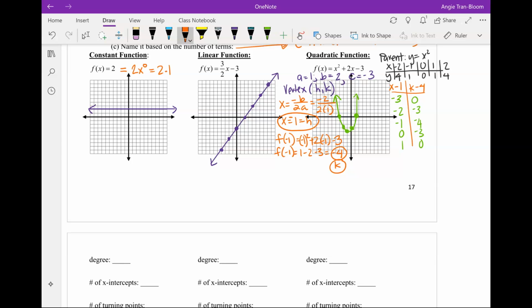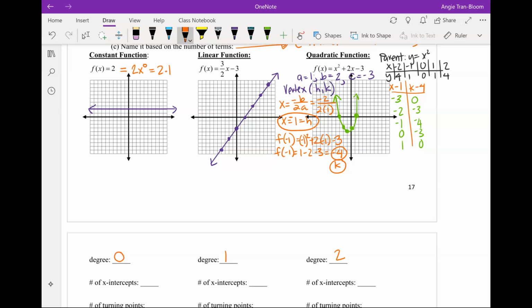Okay, that's why this has a degree of 0. So constant functions will always have a degree of 0. Linear functions will always have a degree of what? 1. Now, we're on to the third equation. What is the degree of the quadratic function? 2, exactly.